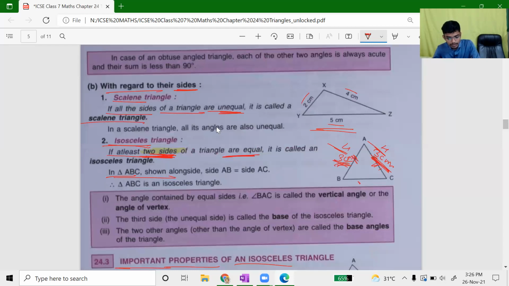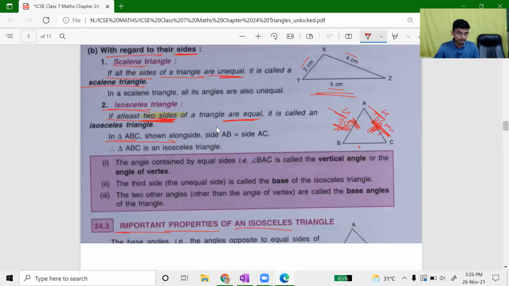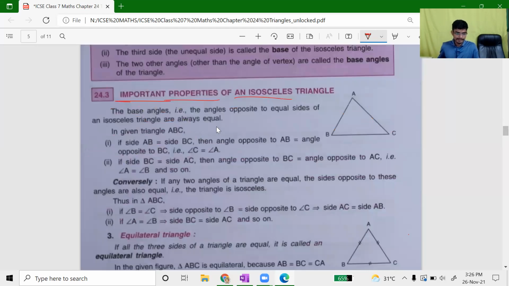Isosceles will have two equal sides. The base will not be equal. The third one will not be equal, but the other two will be equal. This is about angles.